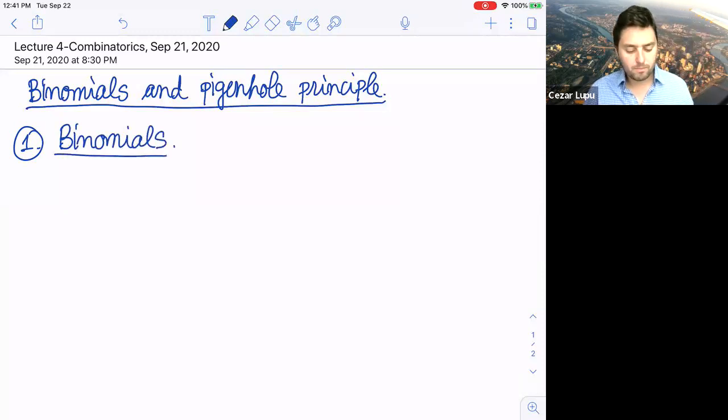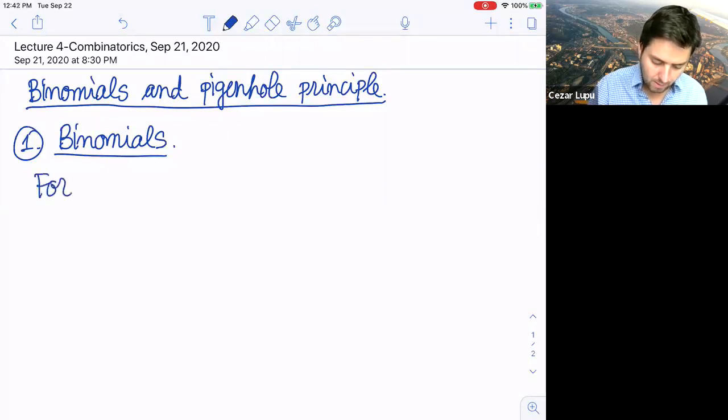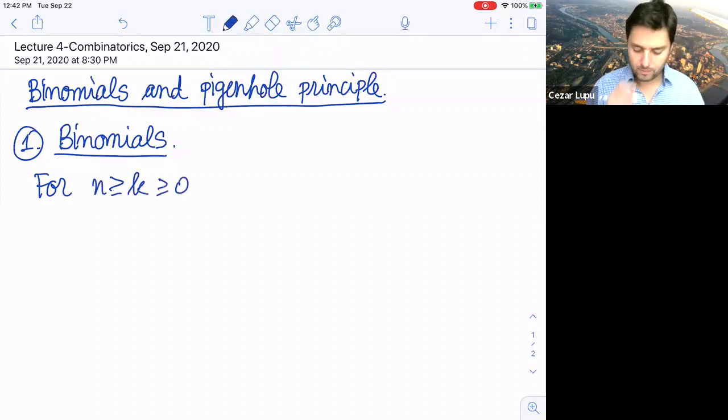About binomials, you already know that, for example, for n and k, with n greater than k greater than 0, we define the binomial n choose k.